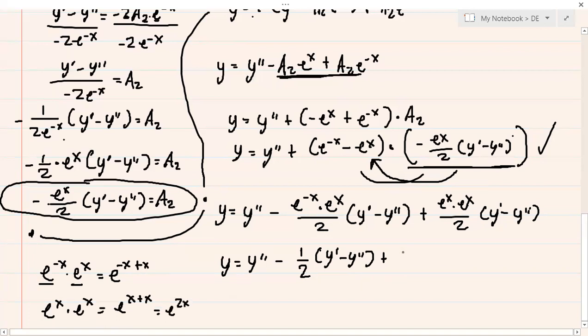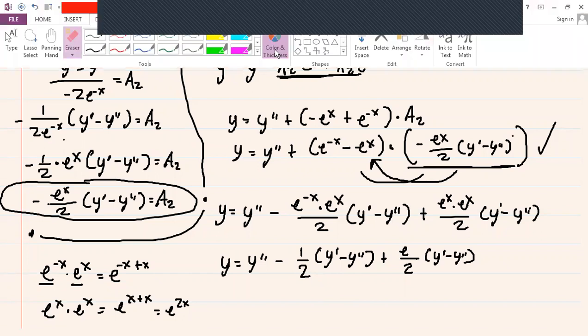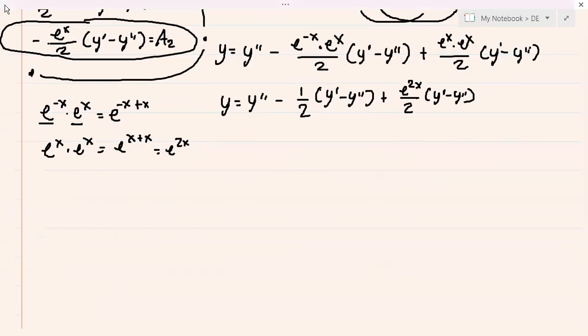So we will have e raised to 2x all over 2 times quantity y prime minus y second prime. Because of that, I made a mistake here. Wait, it should be e raised to 2x. There, that's it. Now what we will do is we can still simplify the solution.